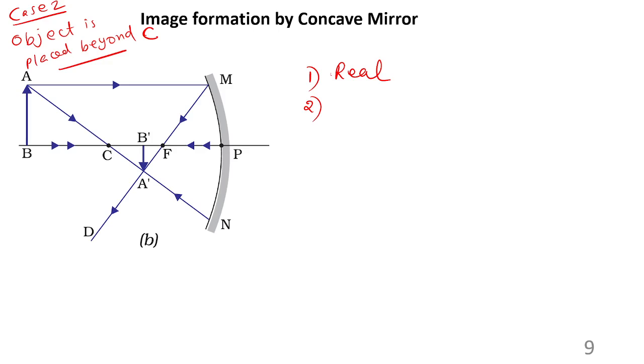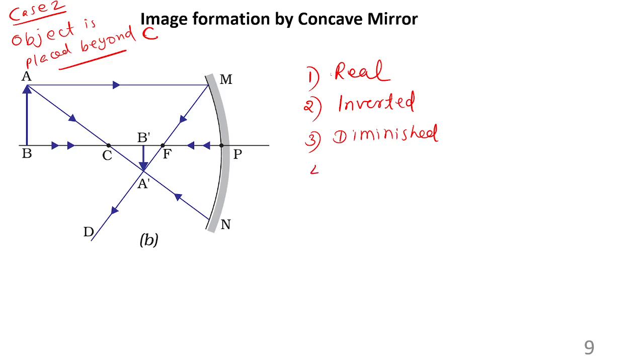Available on the screen. It is inverted. Diminished. These properties you have to understand clearly. Diminished means the size is reduced.